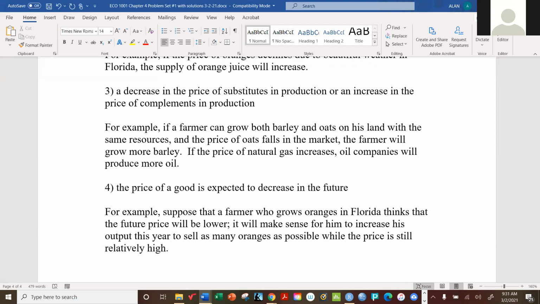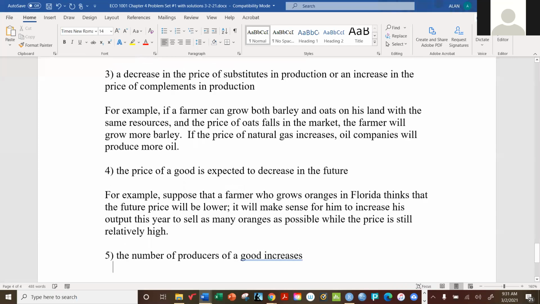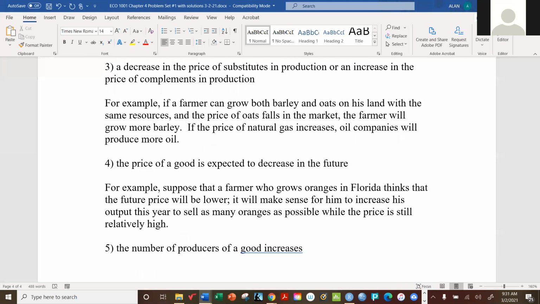And then lastly, we have, very simply, the number of producers of a good increases. In markets where there's a lot of profit being made, you're going to see more and more competition. It's just that simple, and therefore output will increase.